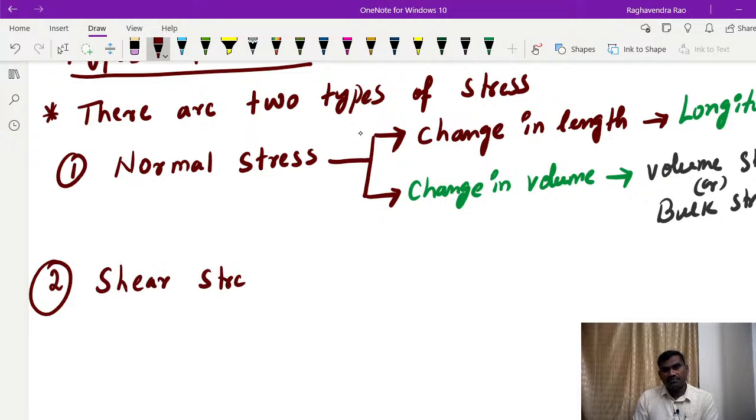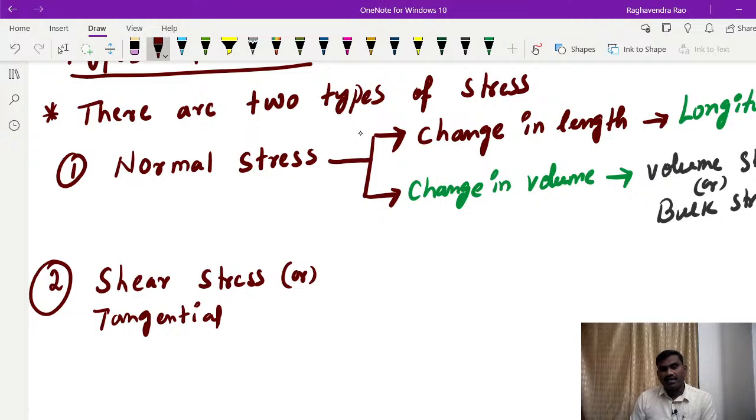And the second one is shear stress or tangential stress, which is acting tangential to the surface. So normal stress is acting normal or perpendicular to the surface.